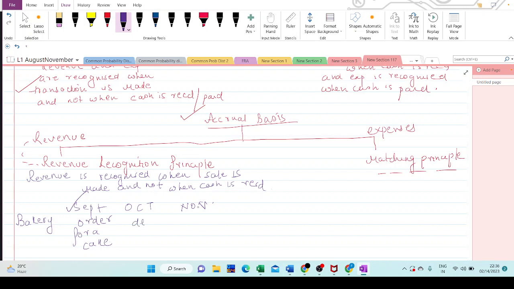It delivers the cake in October, and the customer pays the bakery in November. So this is the idea: the bakery receives an order for a cake in September, delivers it in October, and receives payment from the customer in November.